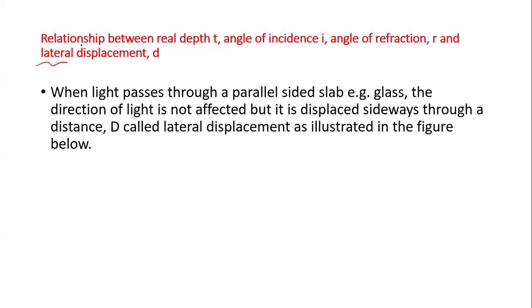So when we talk about lateral displacement, whenever light is moving through glass, or any material, the direction it is taking is not always affected, but it is just displaced through a given distance. Take an example. When you are moving, you have a direction that you want to take.